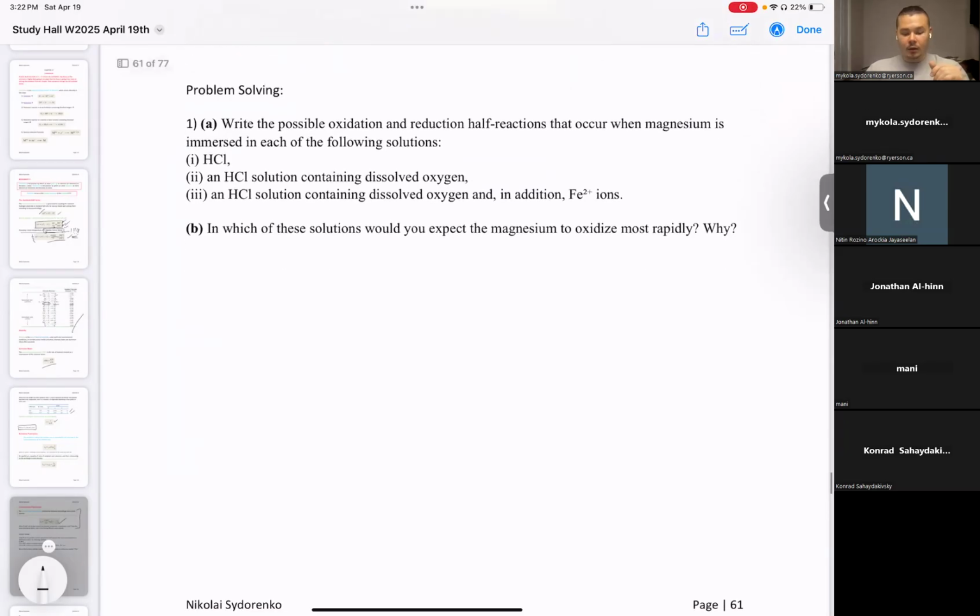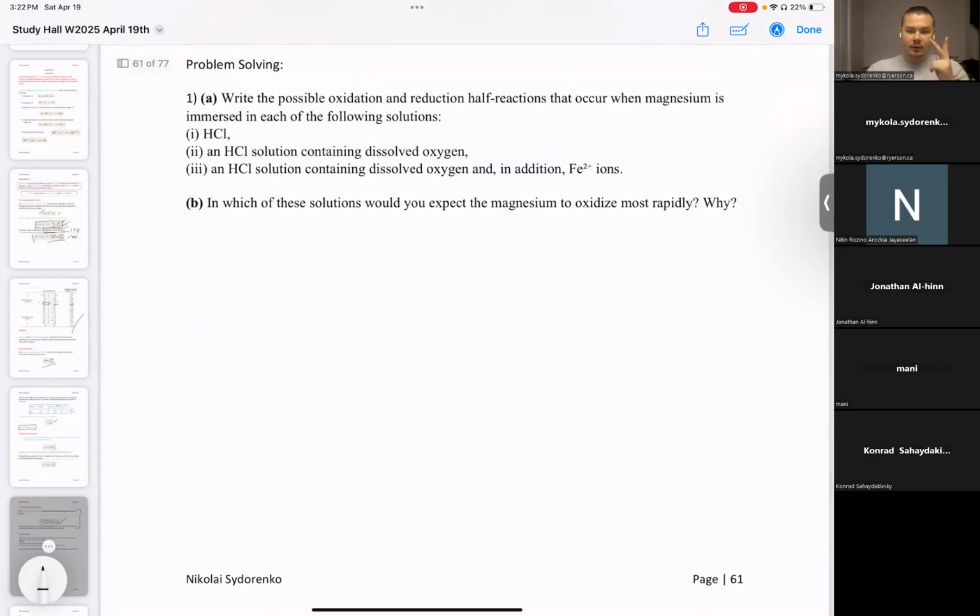Okay. Well, okay, problem solving. So we're gonna do two questions just to speed up the process. I'm gonna start first with the very simple question, which is to write down reactions. We need to write down the possible oxidation and reduction half reactions that occur when magnesium is immersed in each of the following solutions.